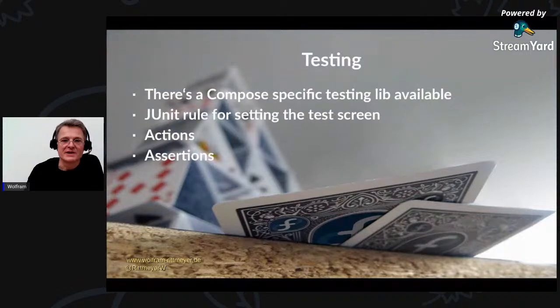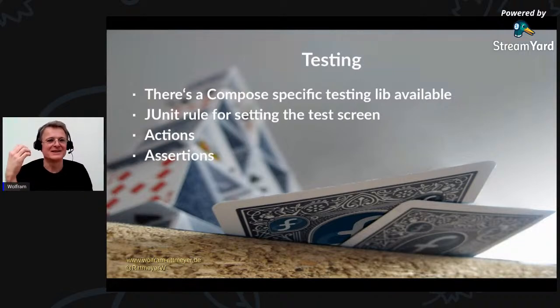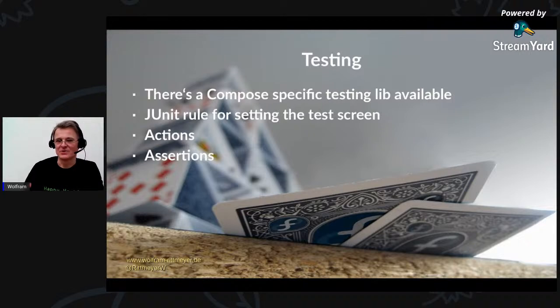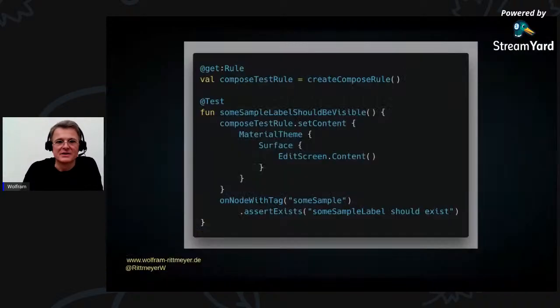And they have created a specific testing library. I've looked at it, I think about 2 months back, not lately. I haven't used it lately. I've already mentioned I'm not doing much UI testing, but basically what you have here is you have a JUnit rule to create your screen, and then you can do actions and searches on that.